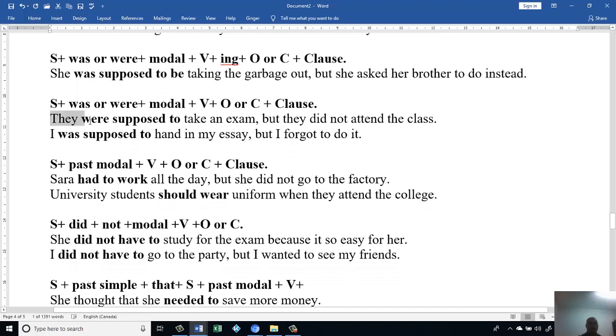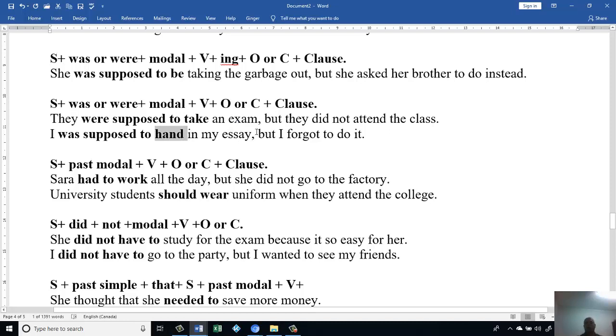They were supposed to take an exam, but they did not attend the class. I mean, everything happened in the past. I was supposed to hand in my essay, but I forgot to do it.